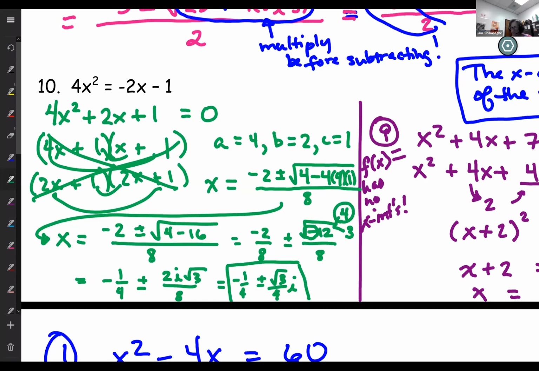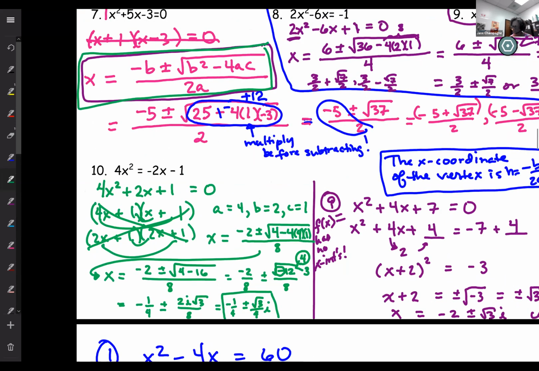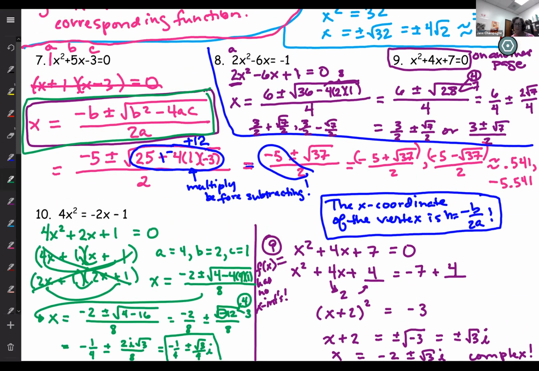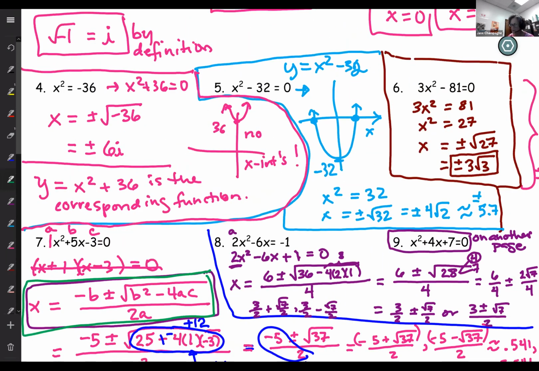Any questions on any of those? So you can use whichever of the 3 methods you want. The ones that are missing a term, like if they're missing an x term, solve for x squared and use the square root property.